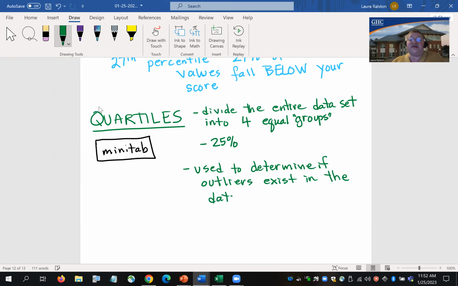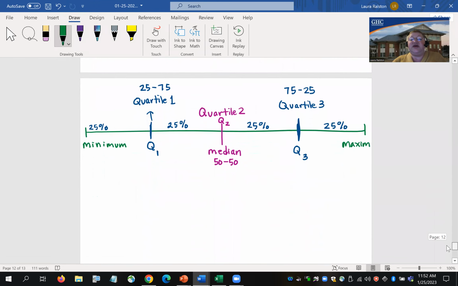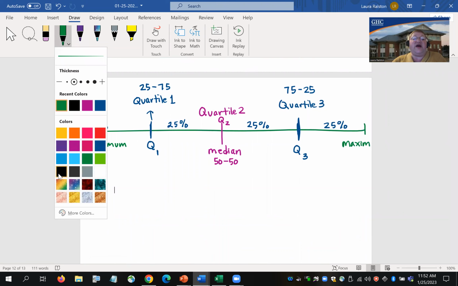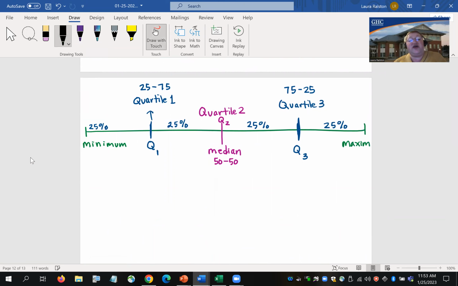That's one of the reasons we shift our focus to quartiles. The quartiles are also used on the last graph we focus on. If you remember, the third graph we were going to talk about is called a box plot.